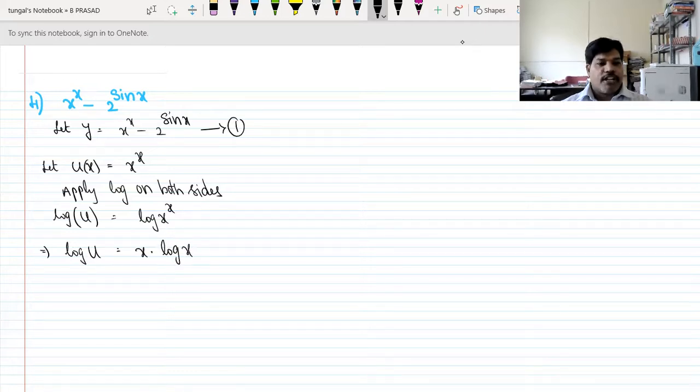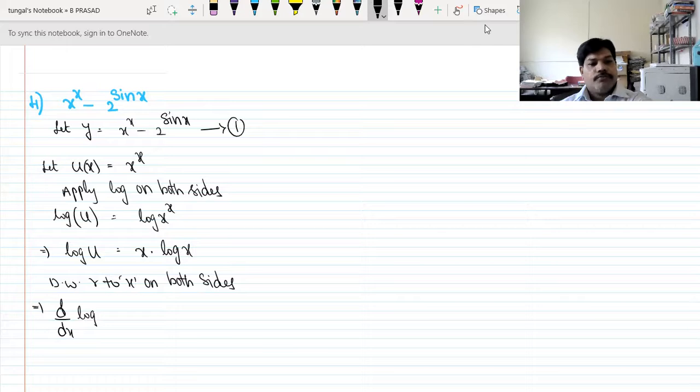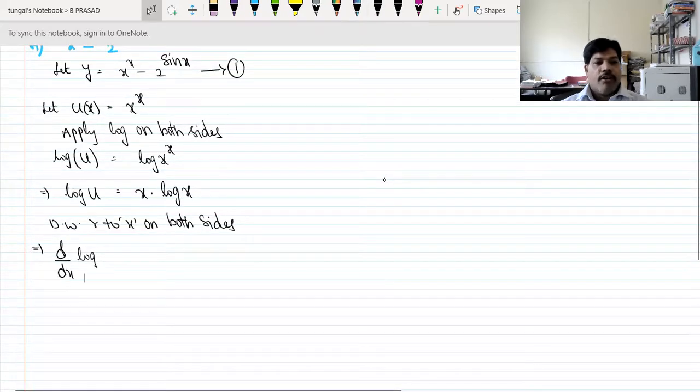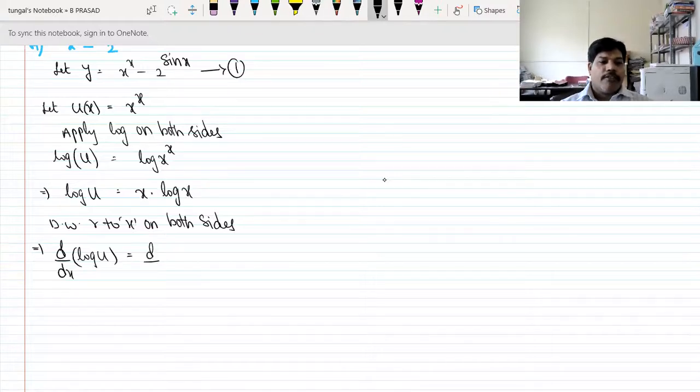Now I will differentiate with respect to x on both the sides. That implies the derivative of log u is equal to the derivative of x into log x.